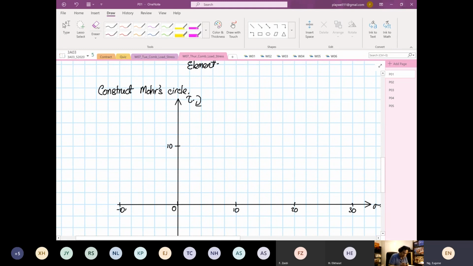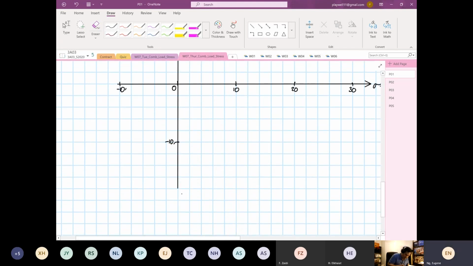This arrow means clockwise rotation of the element, and the one below will be anti-clockwise rotation of the element. I will elaborate later, but I want you to take note. So this is what Mohr circle is.